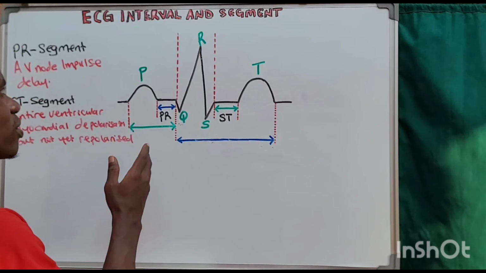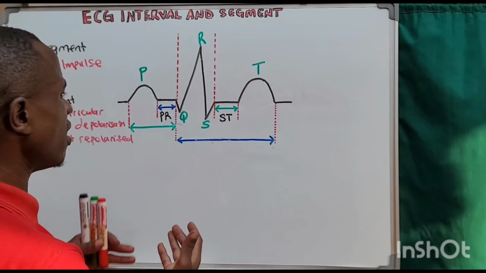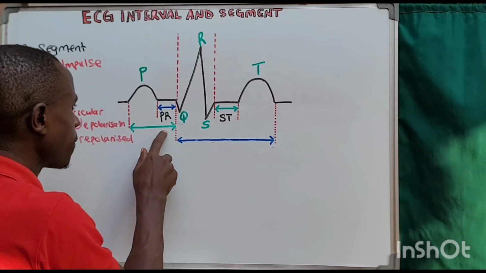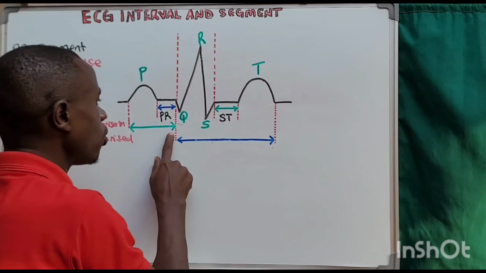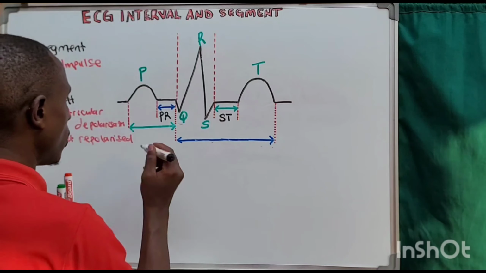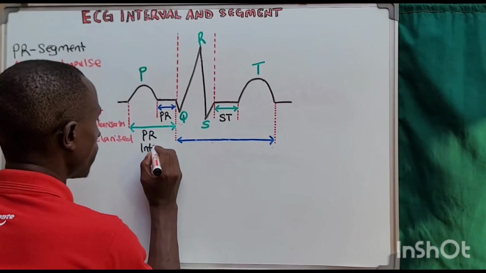Then when we say interval, an interval contains parts of the segments and also the waves. Now, this interval begins from the start of the P wave up to the beginning of the QRS complex, and this interval is what we call the PR interval.